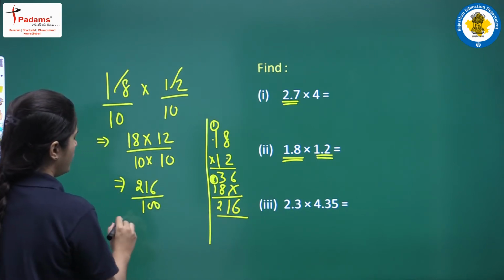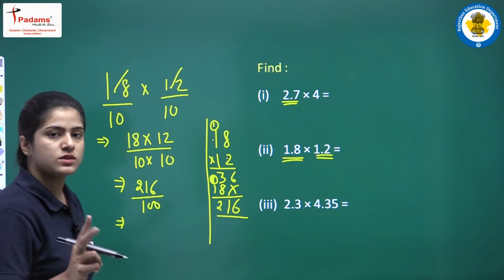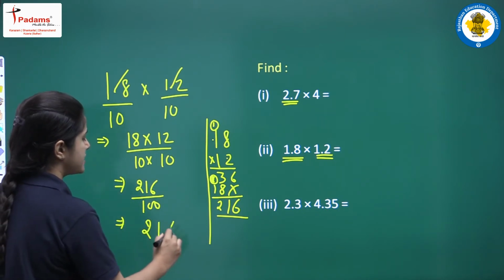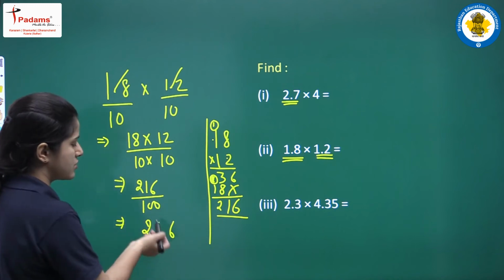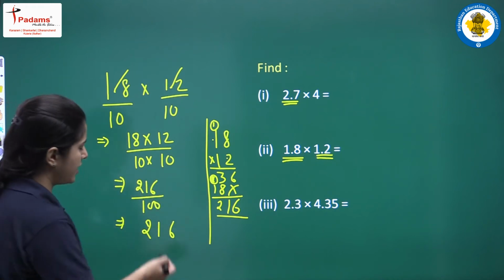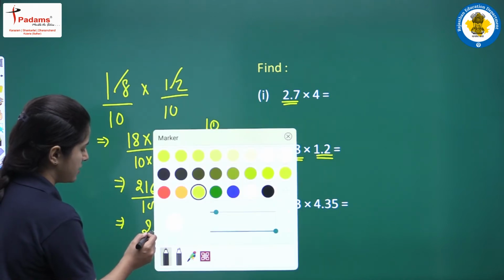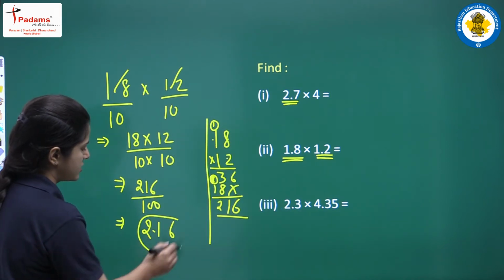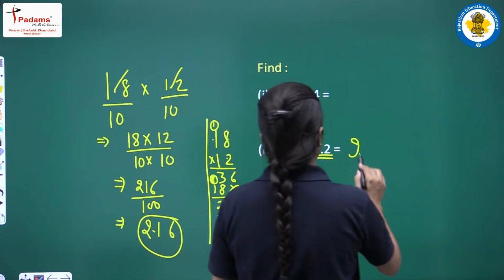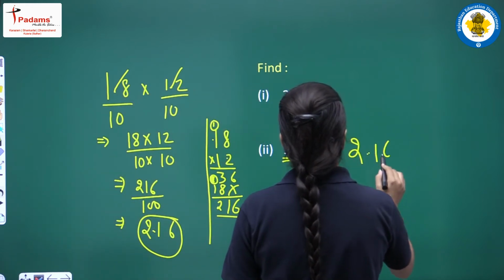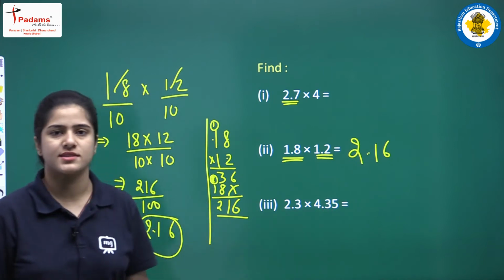Now how many zeros are there? 2 zeros are there, so from the rightmost side towards the left you count the digits, 1 and 2, and before these 2 digits place a decimal. So the answer of this is 2.16.